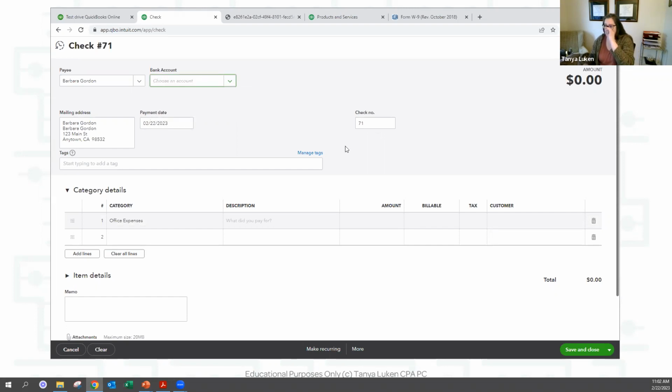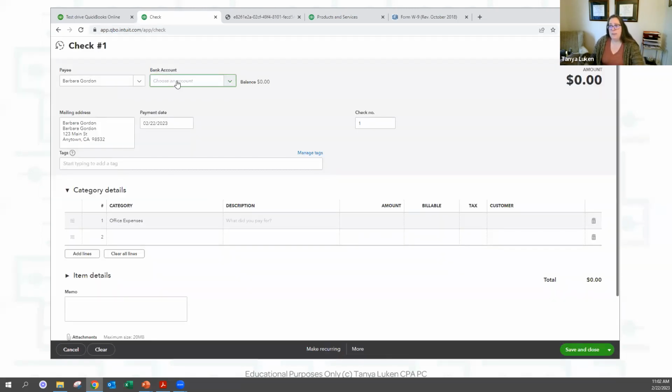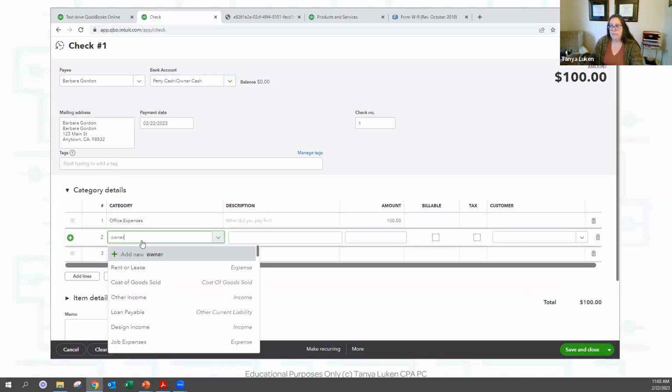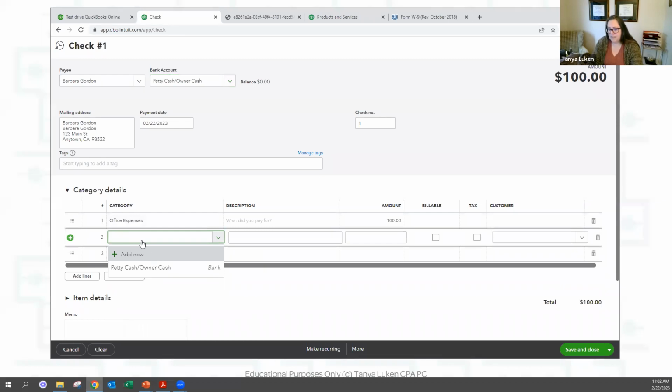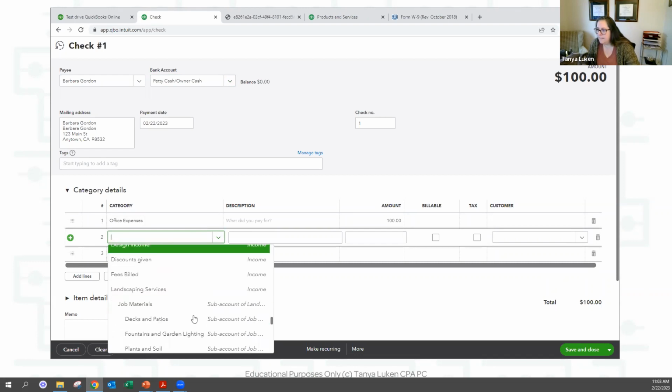I'm just going to add, this is the old version of the QuickBooks chart of accounts. So my account is a bank account, cash on hand, petty cash. If you have this petty cash account, for example, then when you put in the $100, you would pick your owner equity here. Hold on, I don't know what it's called in this one.